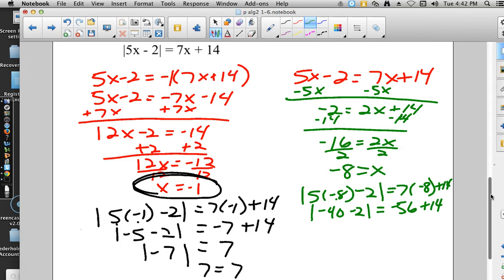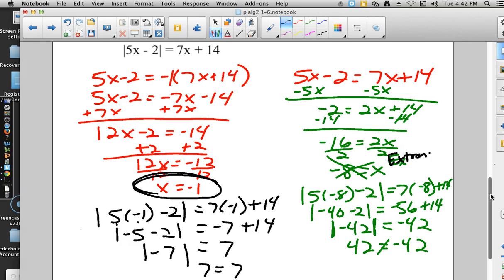Negative 40 minus 2, that's the absolute value of negative 42. And negative 56 plus 14 is negative 42. But we still have to do the absolute value. And the distance that negative 42 is from 0 is 42. Oops. Doesn't work. It is extraneous. Not going to happen.